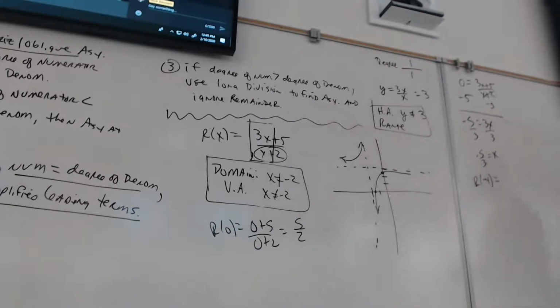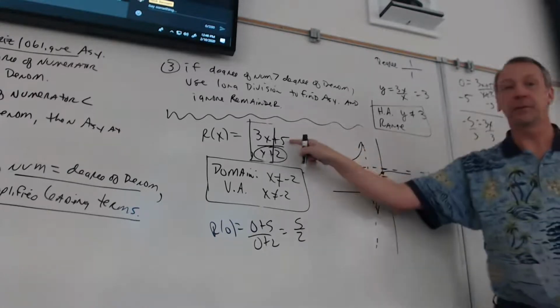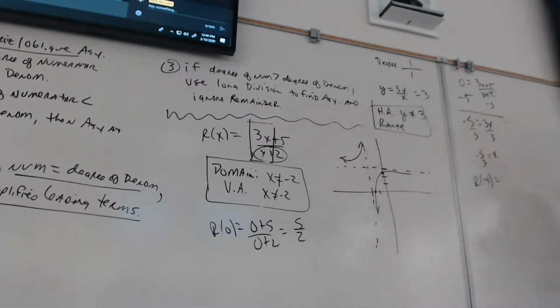So r of negative 4 is, with this equation, 3 times negative 4 plus 5 over negative 4 plus 2. Okay, so 3 times negative 4 is negative 12 plus 5, negative 7.